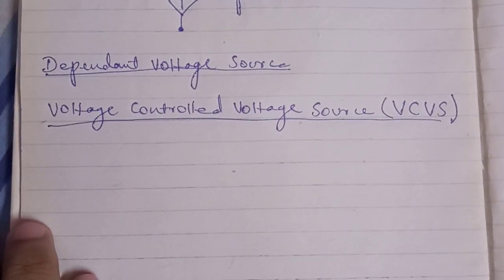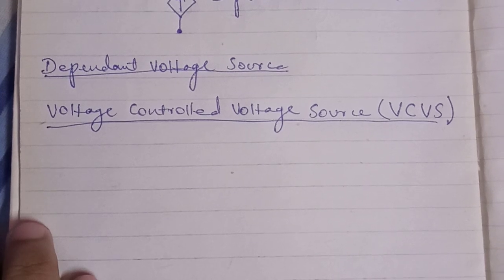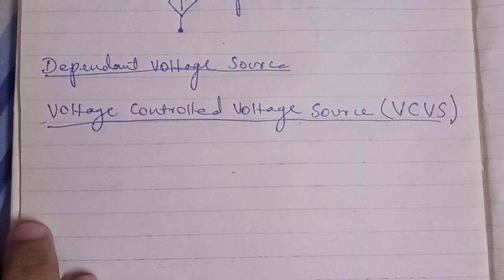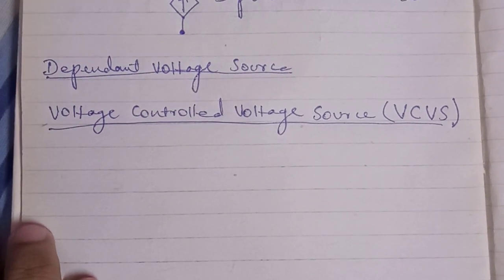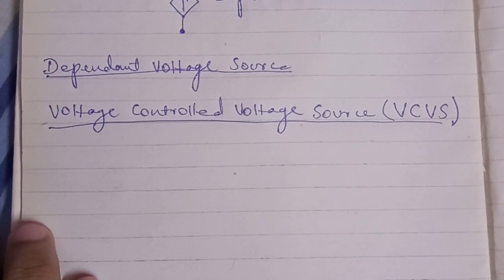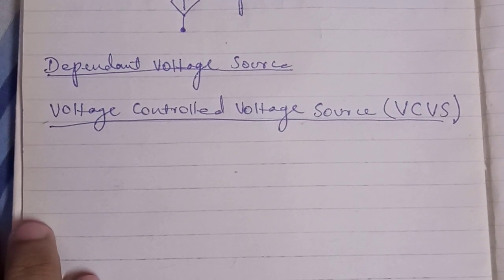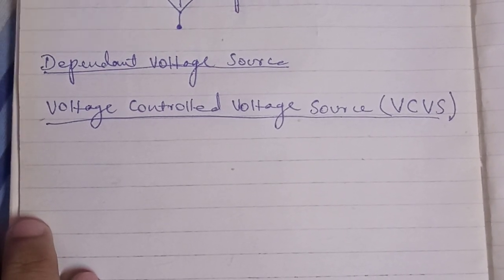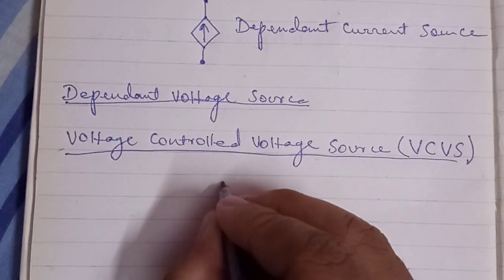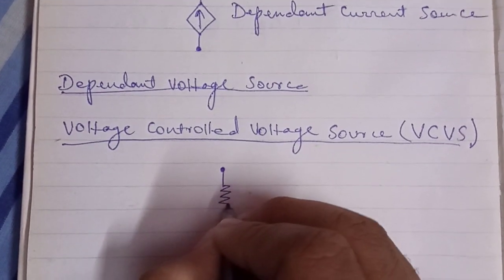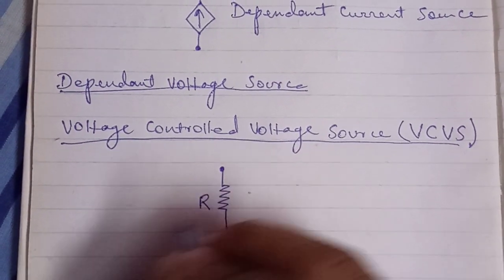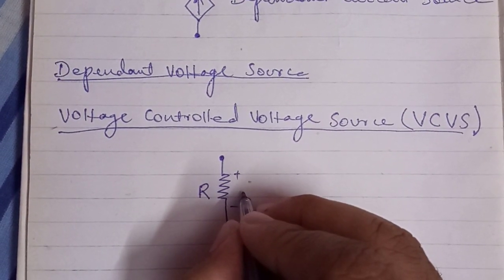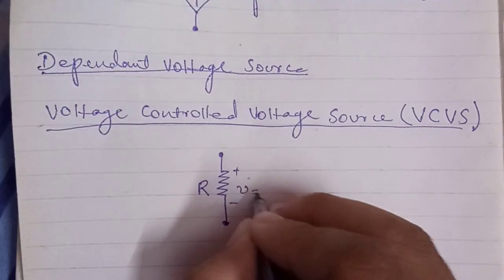Here the words voltage control mean that the voltage of this dependent voltage source depends on the voltage of another circuit element. Like if I take an example of a resistor, R, and the voltage across it, for example, say V is equal to 3 volt.